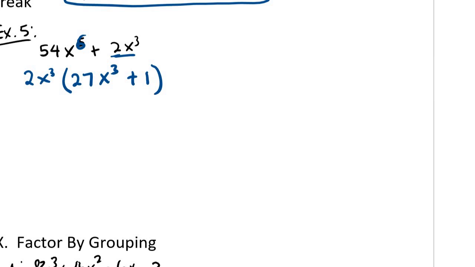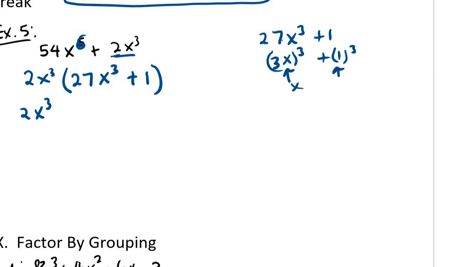So what we're going to do now is to keep this 2x cubed on the outside. And then write this 27, let's do it over here, scratch. So it's like 3x cubed plus 1 cubed. So this is like my x, this is like my a. So I'm going to do that now. It will be 3x plus 1. And then we'll do 3x squared.